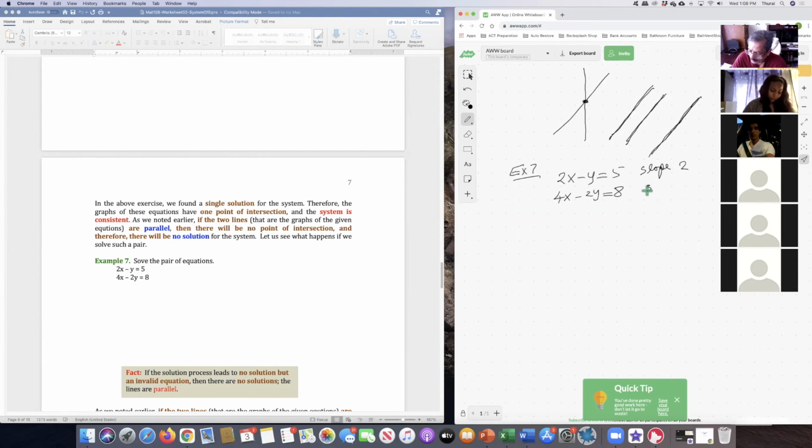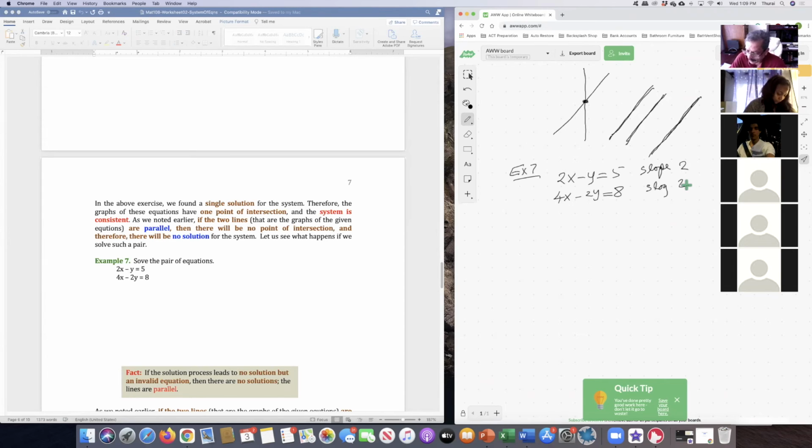And the second one, if you find the slope, that's also 2. So slopes are equal and y-intercepts are not equal. Using the method we learned before, comparing slope and y-intercept, I found that they're parallel.